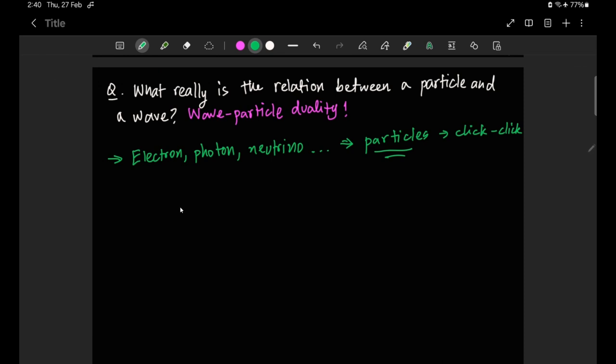However, we also see that the quantum behavior of these particles exhibits some wave-like phenomena like diffraction. So the only way we can explain it is by employing the fact that nature speaks in the language of mathematics.